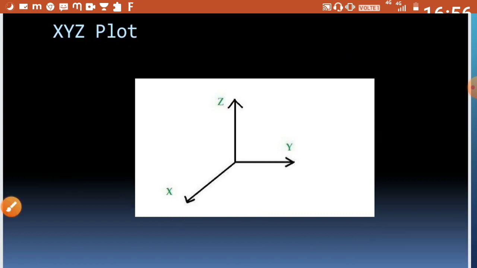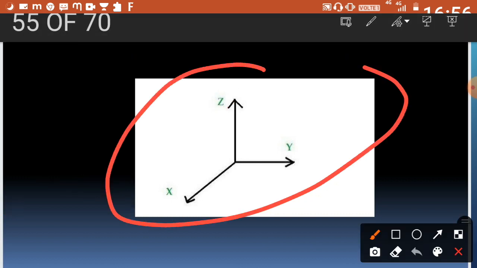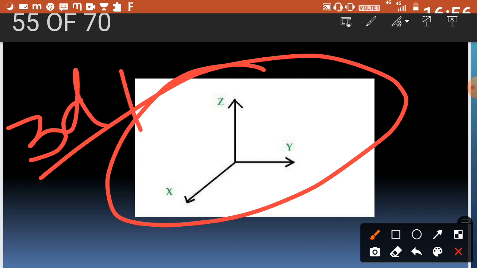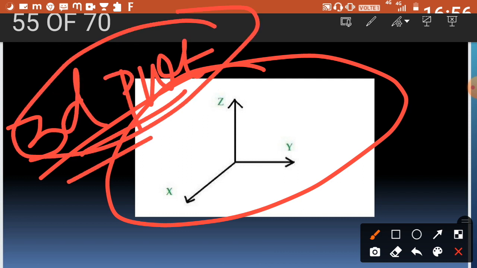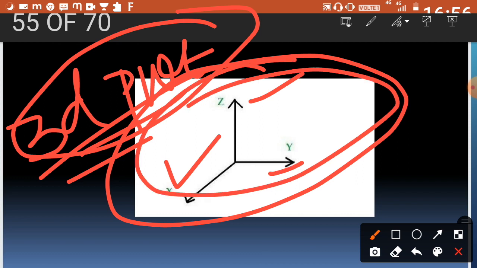The XYZ plot is a 3D plot. In the XY scatter plot, we relate the x and y axes, while in the XYZ plot we can relate x, y and z. Here we are considering three variables at a time and noticing their correlation and their changes.